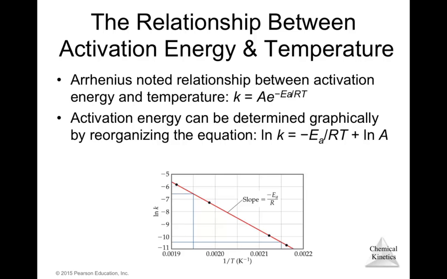Also, because the rate constant is dependent on temperature, we can use this type of equation where we obtain two different rate constants at two different temperatures to obtain the activation energy for that reaction. So if we have two different temperatures, remember that the rate constant is dependent on temperature, and that's why we need to use this type of equation to determine the activation energy.